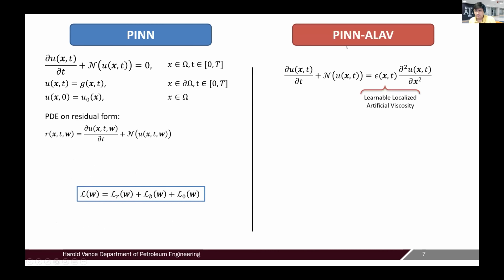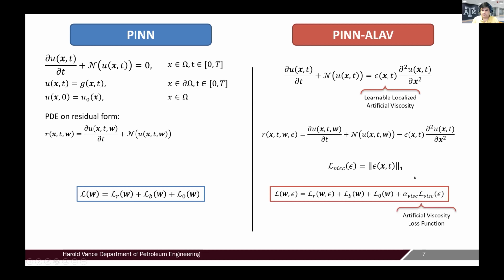What we are proposing is, we now have, again, a learnable, localized artificial viscosity, this time epsilon. We are going to learn this also during the training process, and we have the residual equation again, but with this term here, and we have our loss function, and the total loss function now is a function not only of the weights of our neural networks, but also of our artificial viscosity field.